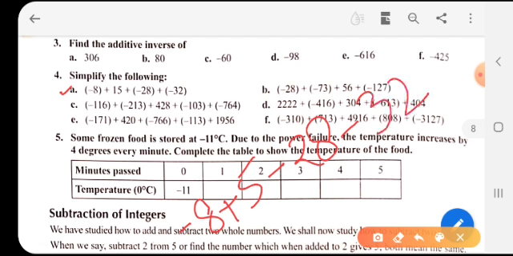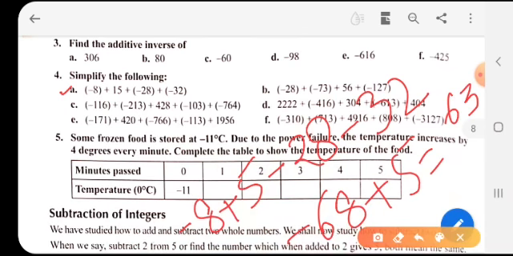Here we gather all the minus numbers together and add them up because they are all negative numbers. So we get minus 28 plus 8 is 36, and 36 and 32 are 68. So minus 68 plus 5, that means we have to subtract, and we get 63, and the sign of the bigger number will be used, that is minus. So the answer is minus 63. In this way we can solve these sums.